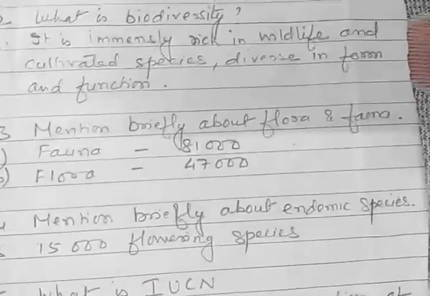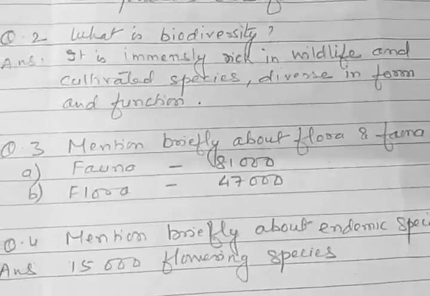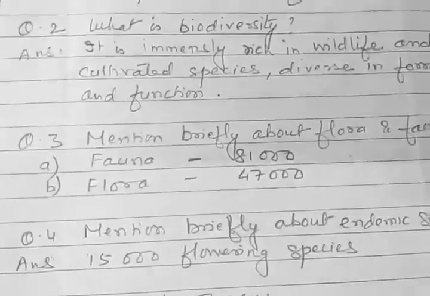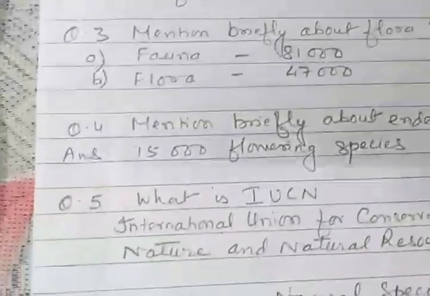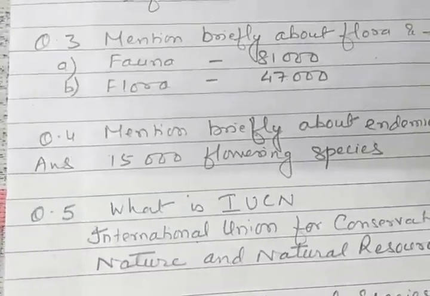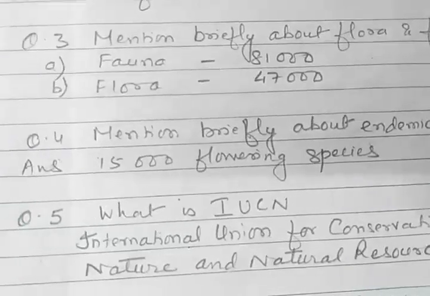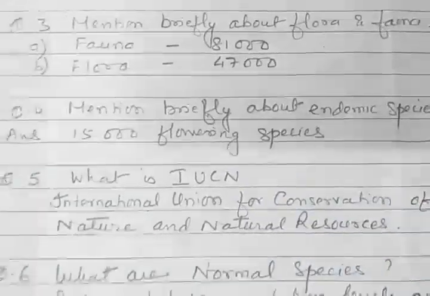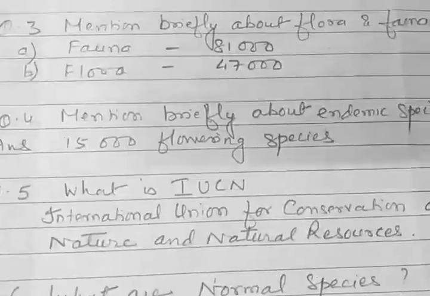Mention briefly about the endemic species, that is 15,000 flowering species that are endemic. Then question number 5. What is IUCN? It stands for International Union for Conservation of Nature and Natural Resources.